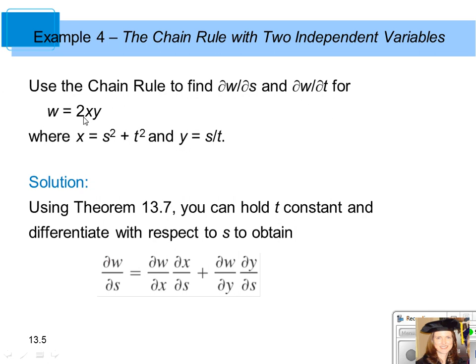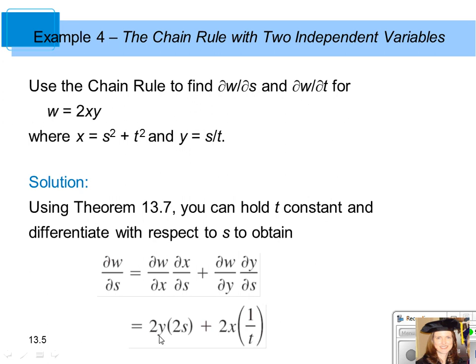The derivative of w with respect to x is 2y. The derivative of x with respect to s is 2s. The partial derivative of w with respect to y is 2x. And the partial derivative of y with respect to s is 1 over t.